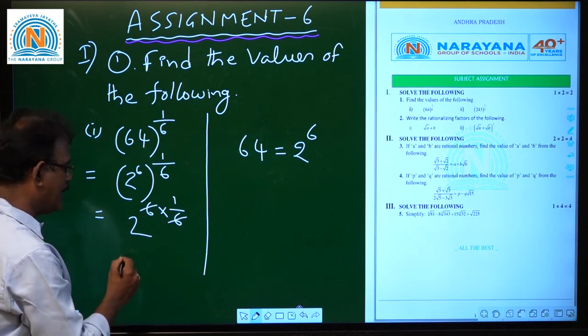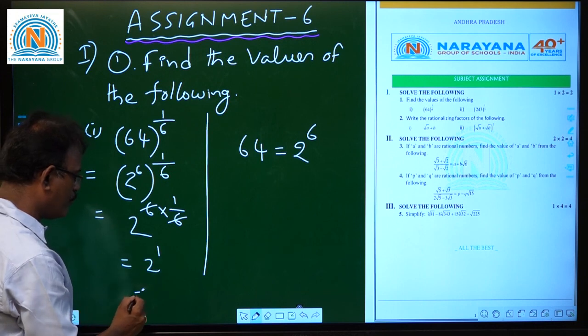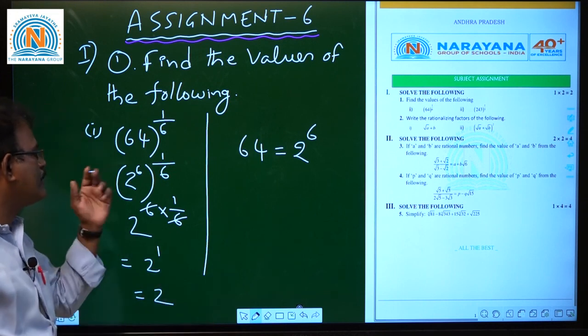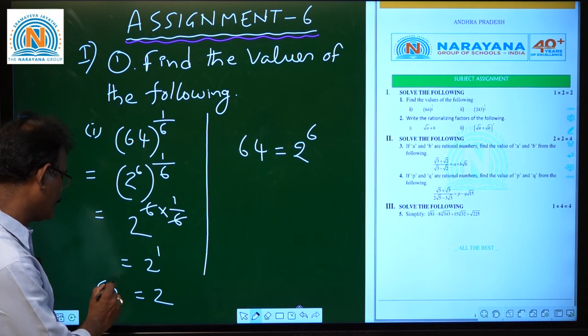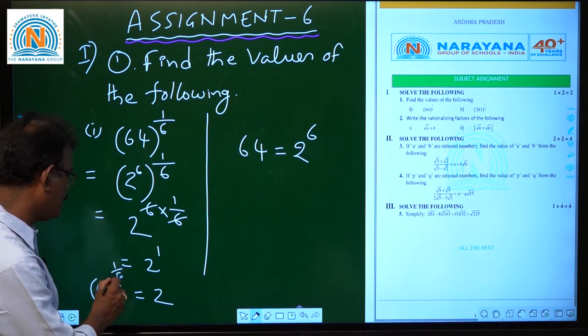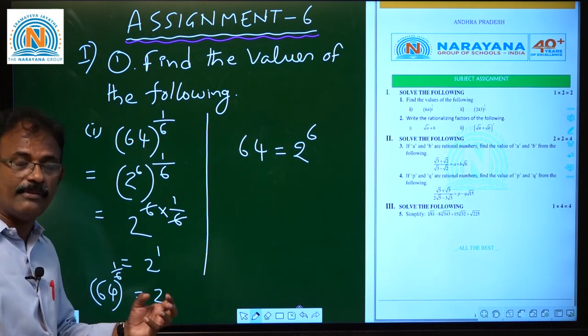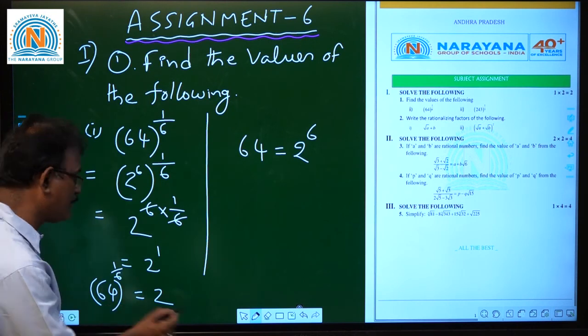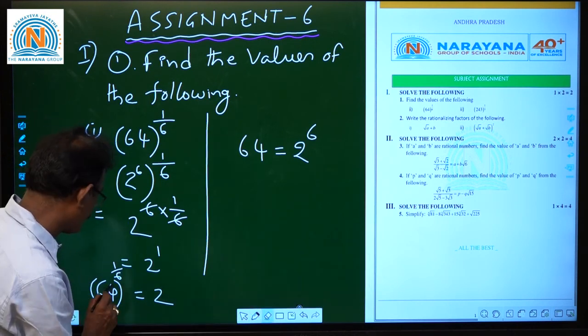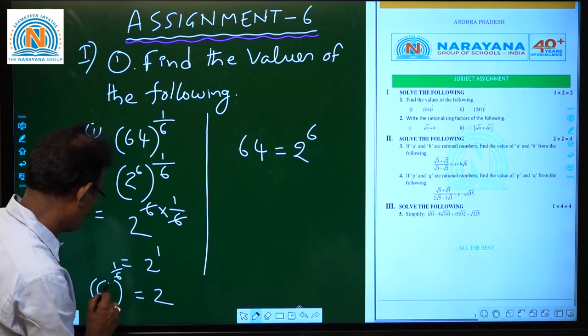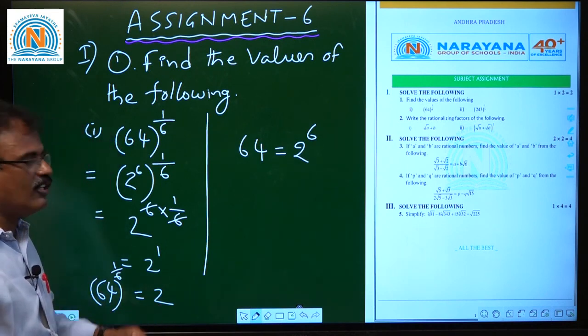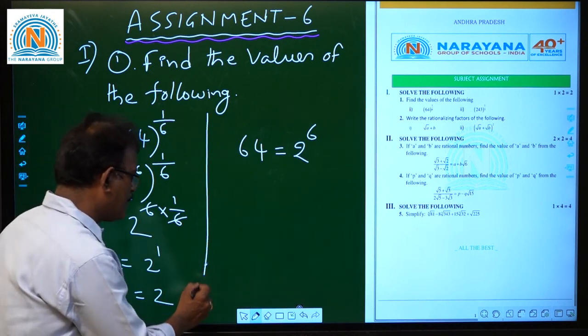So when these two get cancelled, this is 2 power 1, so 2. So when 64 is decreased 6 times, or raised to 1 by 6, this value becomes 2.